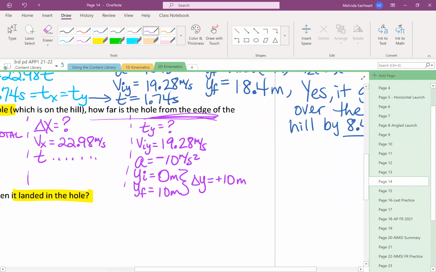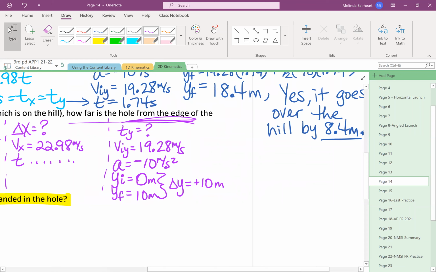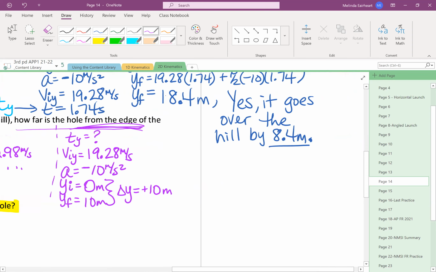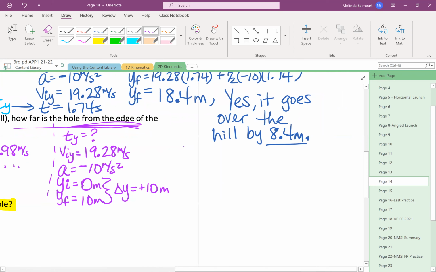Okay, is this enough to find time? We got 3-ish numbers. Start looking at your equations. Can we solve for time? Yes, which equation? Second one. And so I'm going to go in and put it in displacement terms since we found it. And so Δy equals VIY t plus 1/2 a t squared.